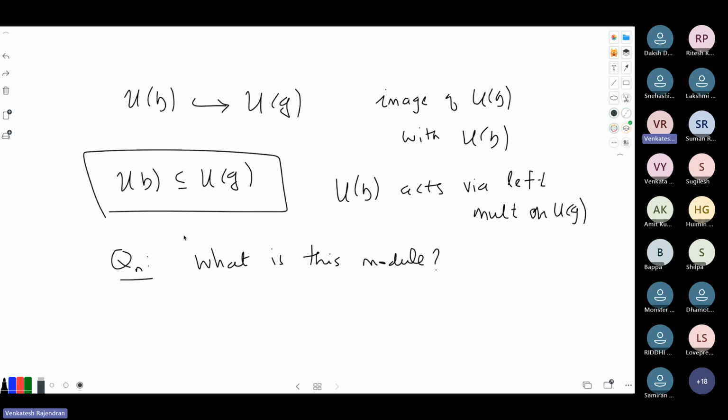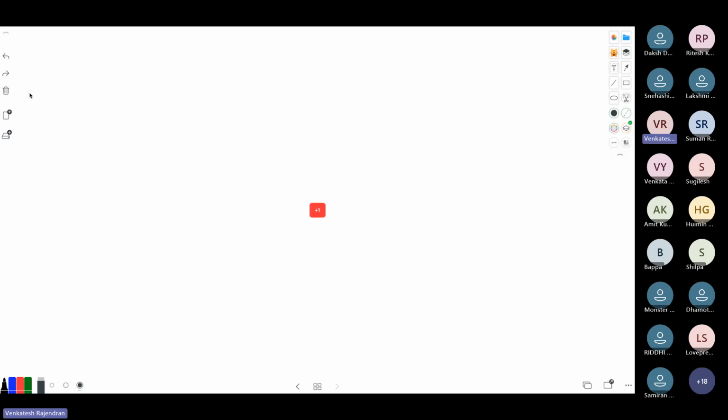That just follows from this PBW theorem. So let me just write down. You have this injection, and this induces an injection from this.